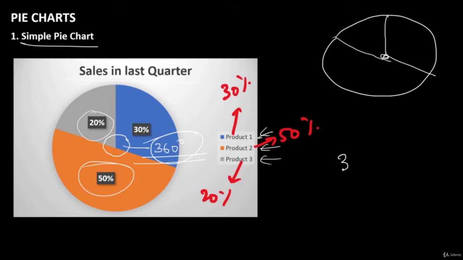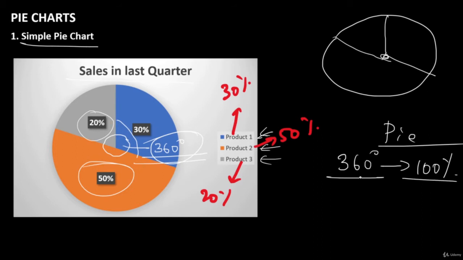Now 360 degrees will represent 100% in a pie chart. So this is something important that you should know. So over here you have 360 degrees, and that's 100%, which is all of this together. Now if you want to know this angle over here, you know that 100% is 360 degrees.